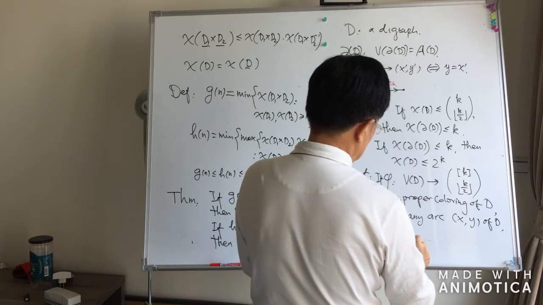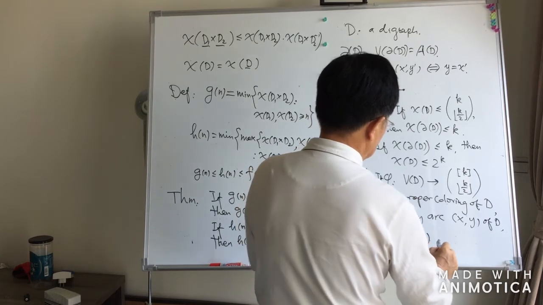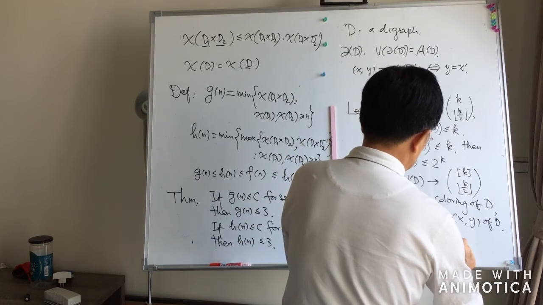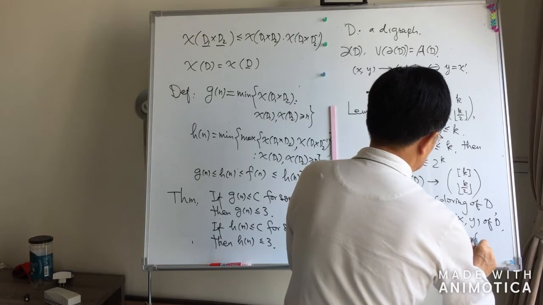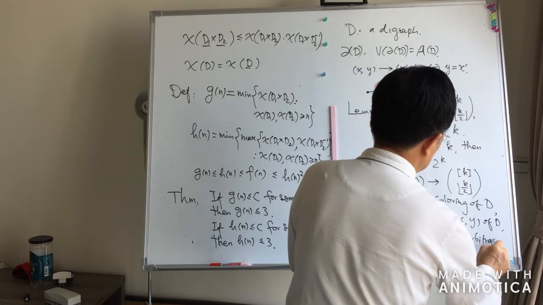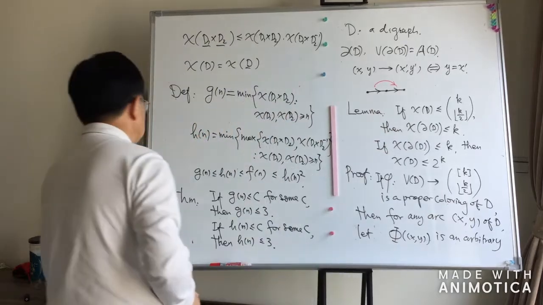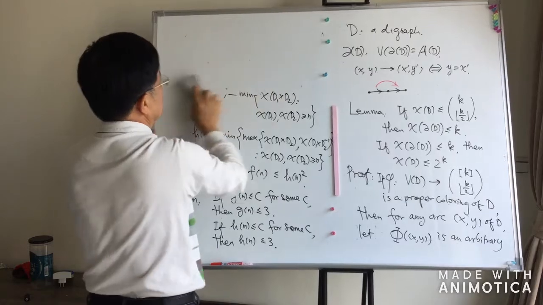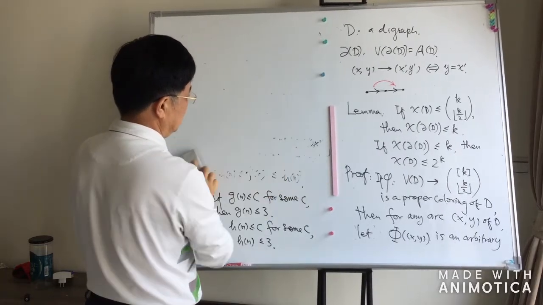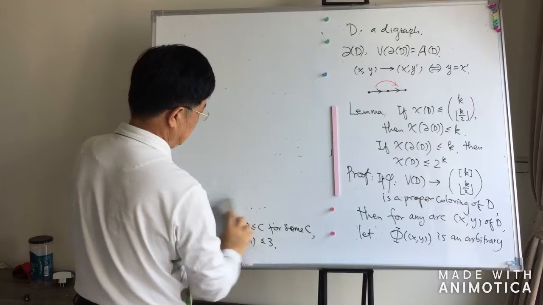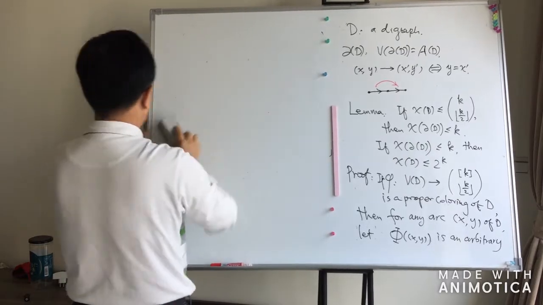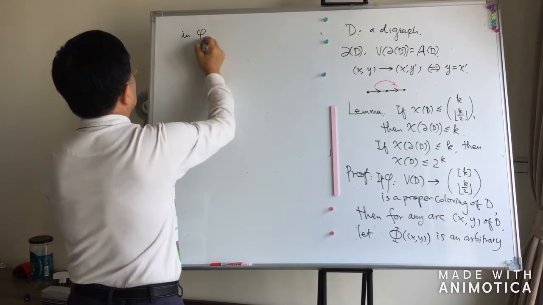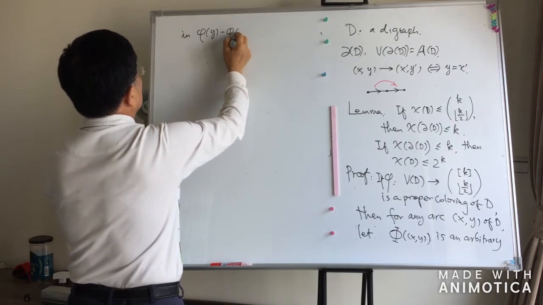This colors the arc xy with an arbitrary color in the difference of these two sets. It's an arbitrary color in phi y minus phi x.